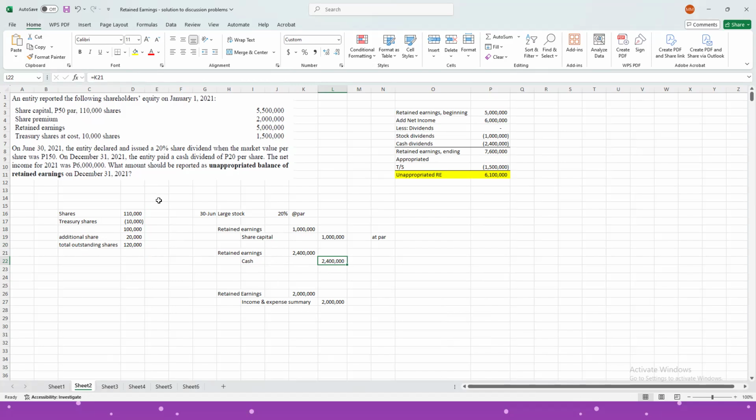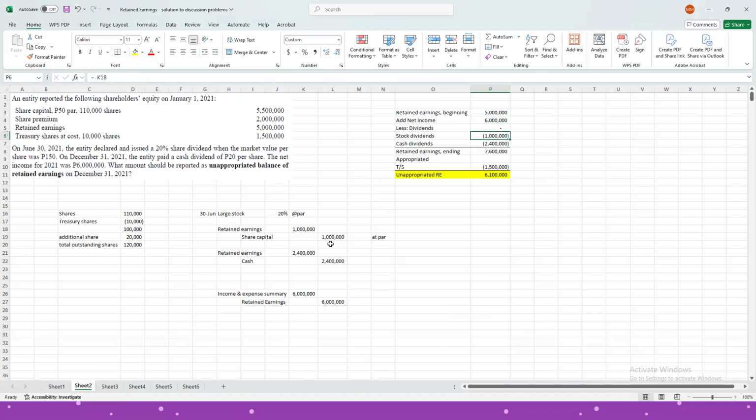Then obviously, for the net income, we have to close it. That's 6 million. But in this case, this is a net income, so mali to. Dapat to credit. Yan, ganyan dapat siya, 6 million. Okay. So we have retained earnings of 5 million beginning. Add the net income. Less dividends. Ano yung mga dividends natin?